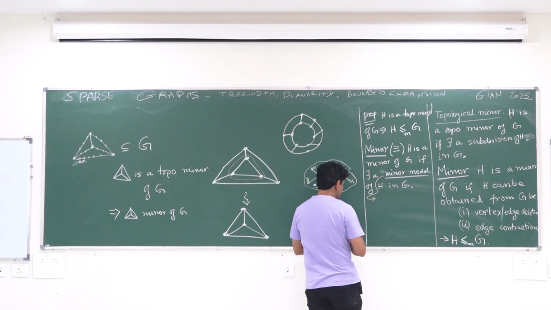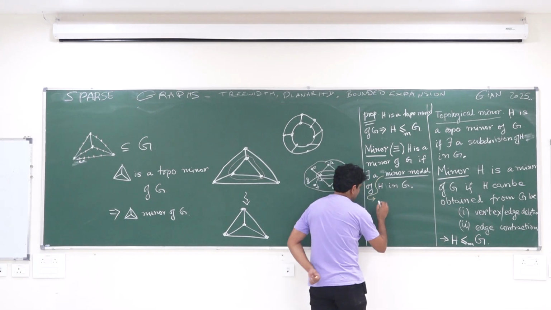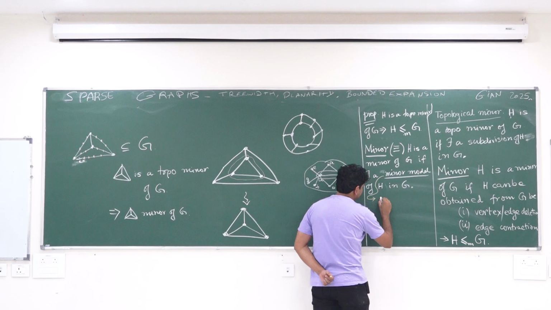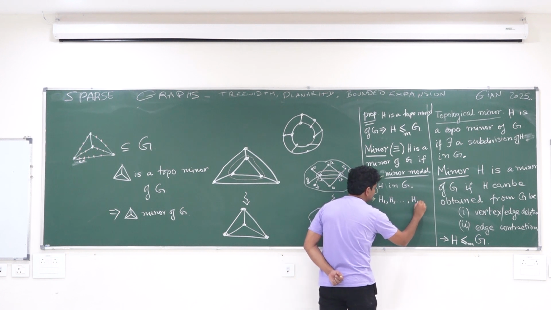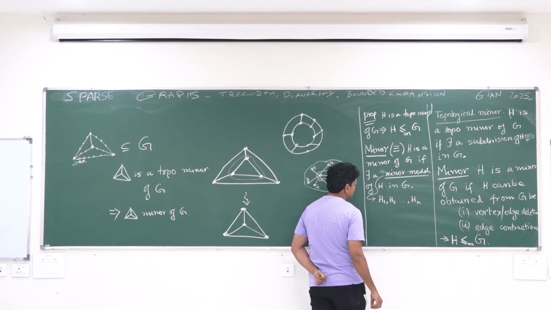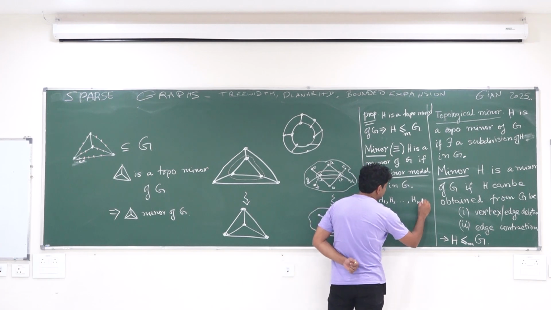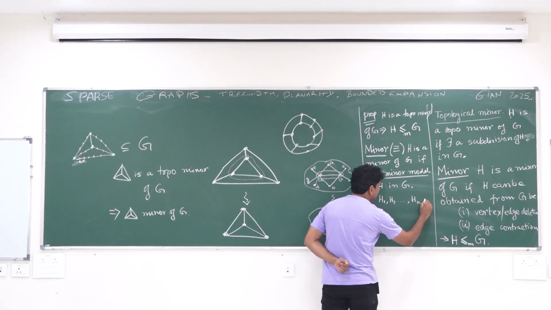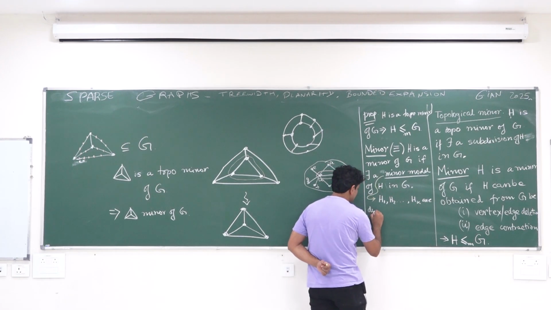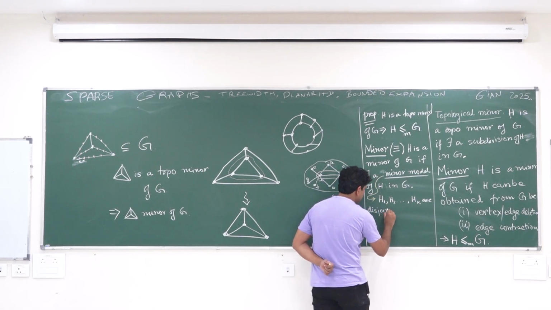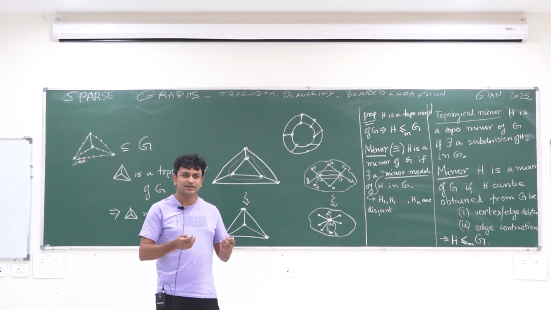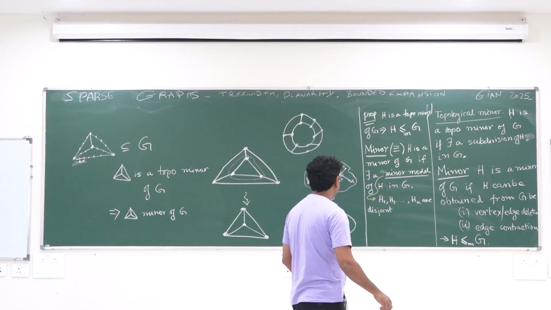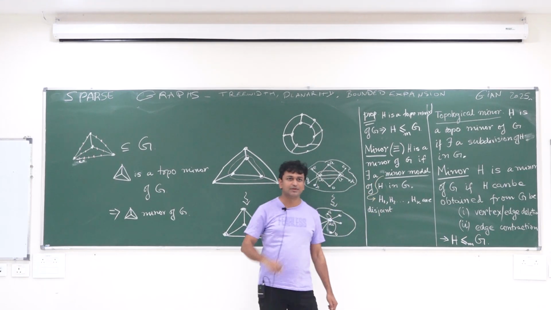So what is this minor model? It is H1, H2, up to Hk, which are disjoint subgraphs. Disjoint means no common vertices or edges. It's different from what Harminder was saying about touching.